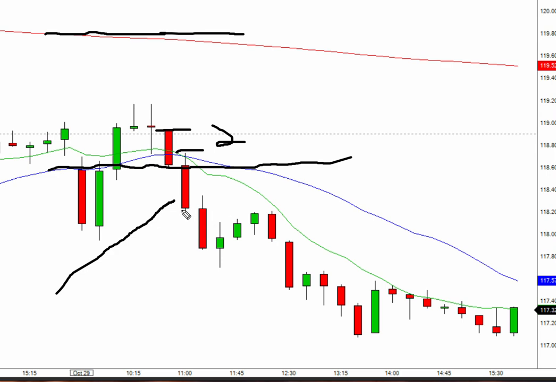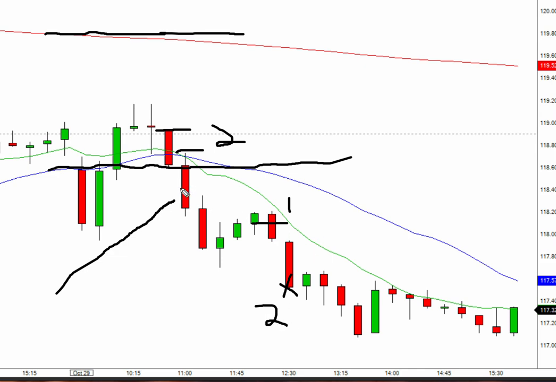Well, as you can see, it drops to here, rallies a little bit up. If you wanted to, you could have added right there for 1. Okay? Always add on the first takeout. So now you're in for 3 lots. If you wanted to, you could have got out here for 2.